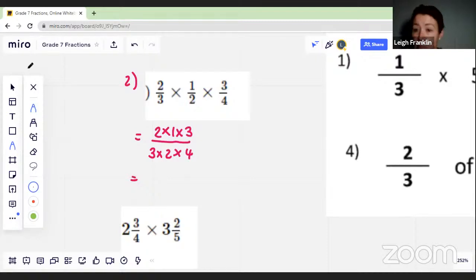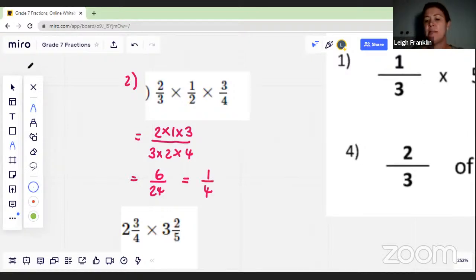Indeed, 6. Good. And what are we going to have in the denominator, grade 7s? 24. Beautiful. And are we allowed to leave it like that? No, ma'am, the answer has to be simplified, so it has to be 1/4.